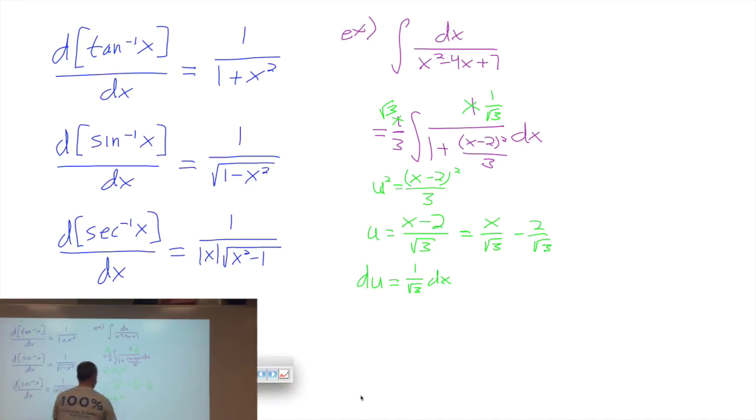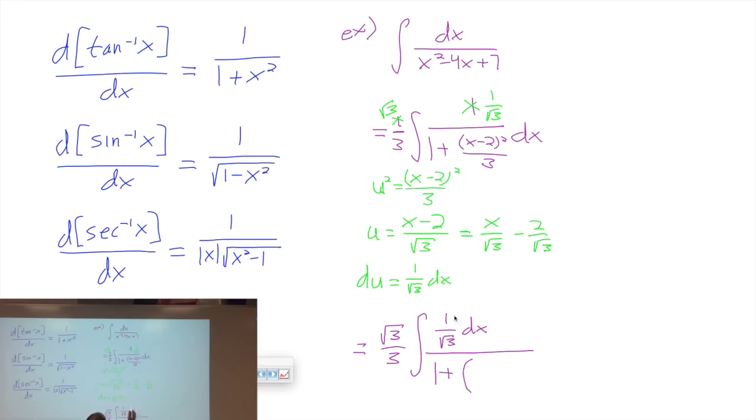So I'm almost ready to integrate. I will have root 3 over 3 at the beginning, then my integral sign, 1 over root 3 dx over 1 plus u squared. I want to write this as x minus 2 over root 3, whole thing squared.